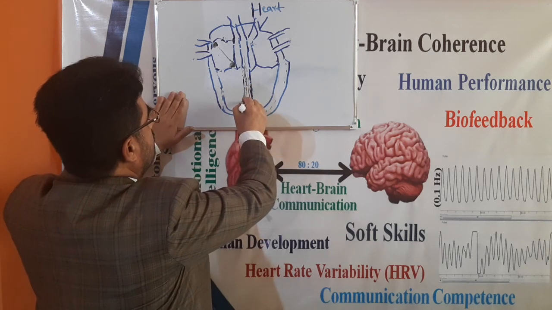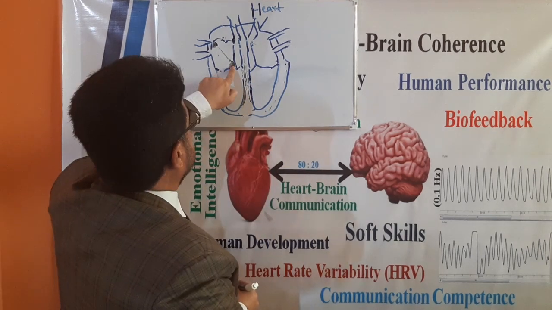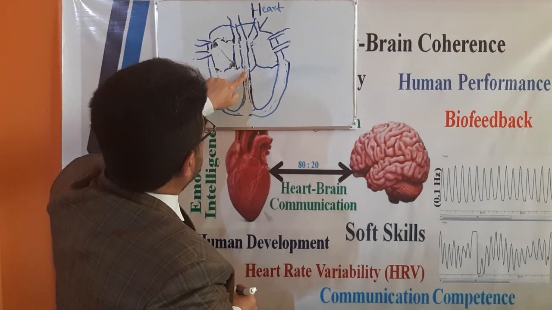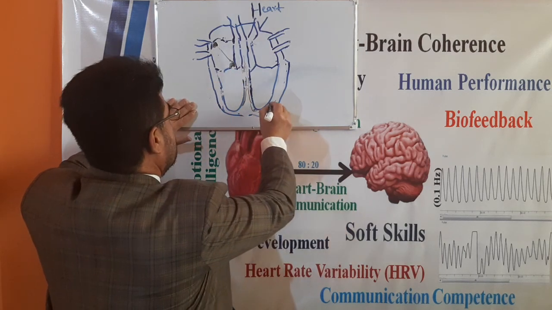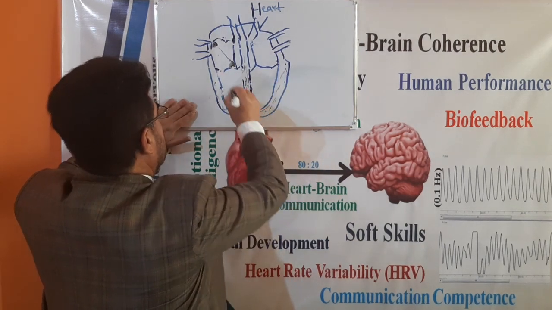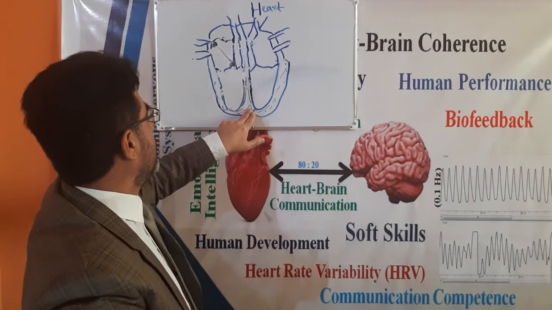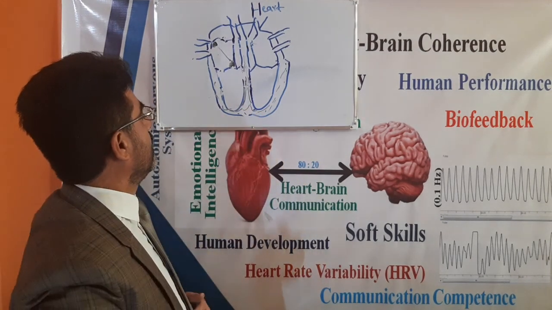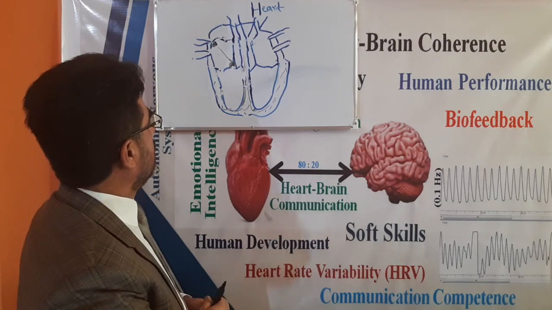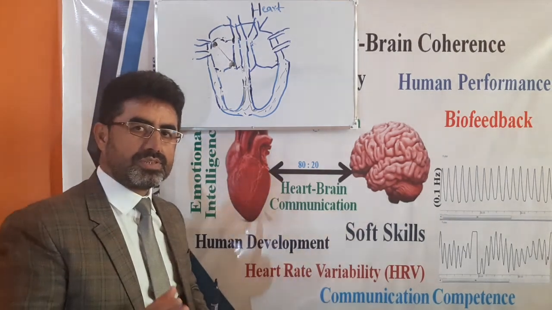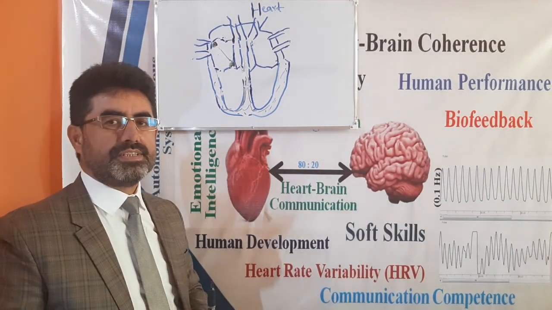From there, the impulse divides into different branches of smaller fibers and smaller sections of the conduction system, called Purkinje fibers.